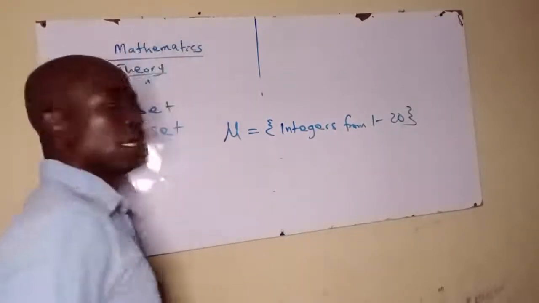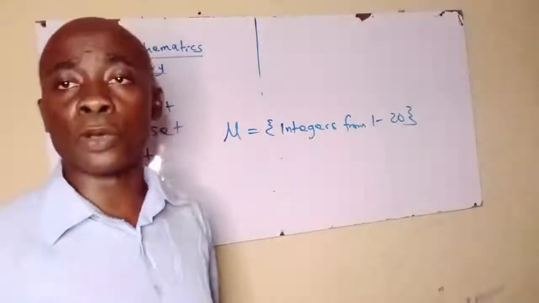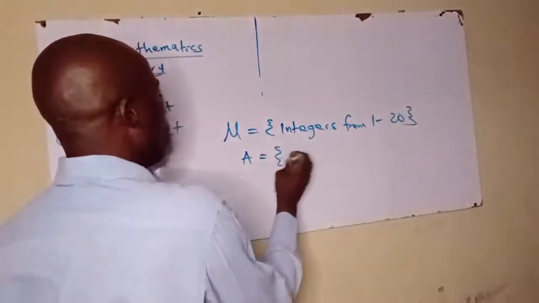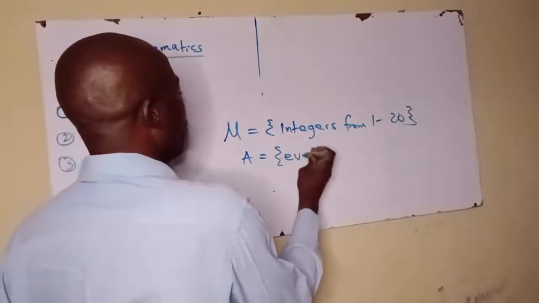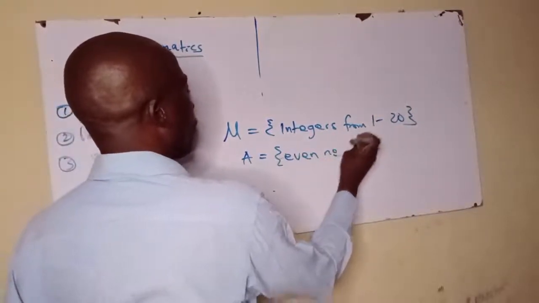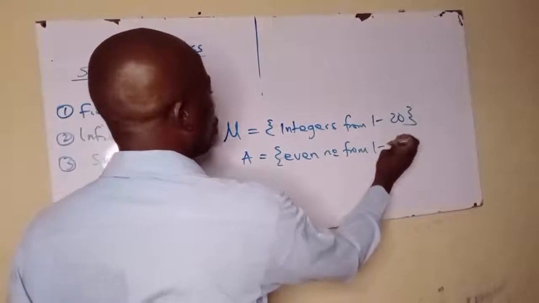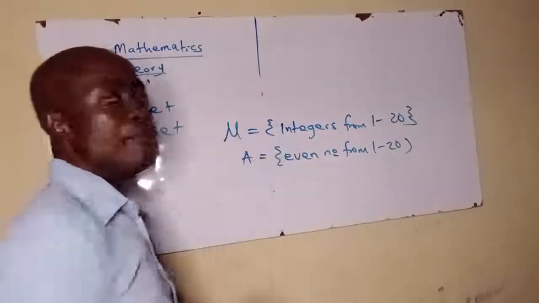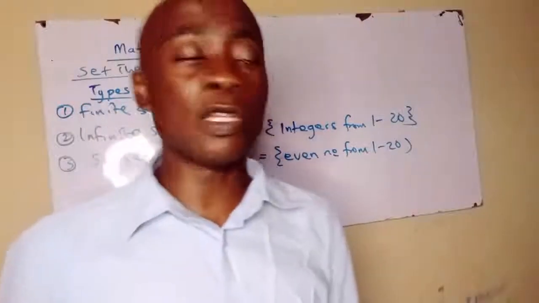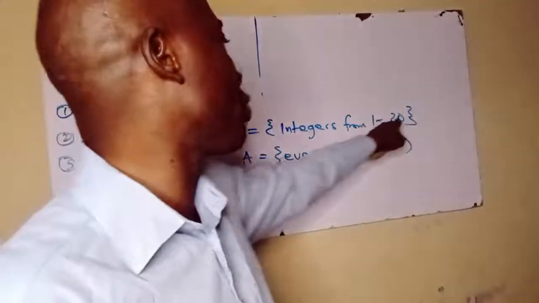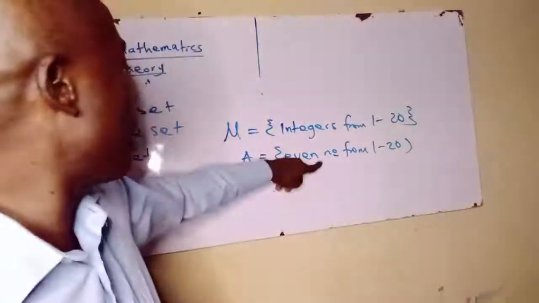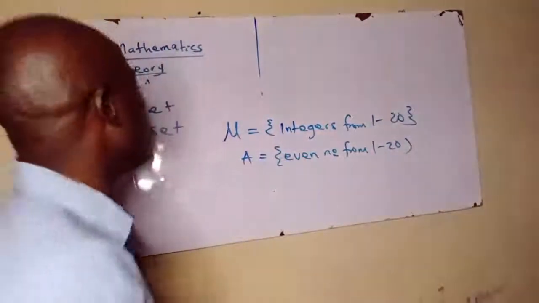Now, if I want to pick a subset there, maybe I say A. A consists of even numbers from 1 to 20. This A is a subset of this mu that I have there, because there is no way we can be talking of numbers from 1 to 20 that will not have even numbers there. So this A is a subset of this.